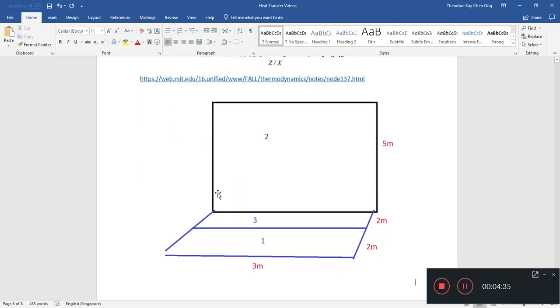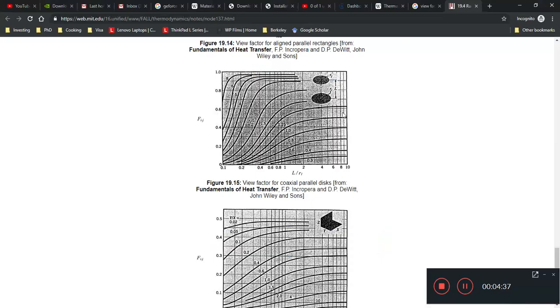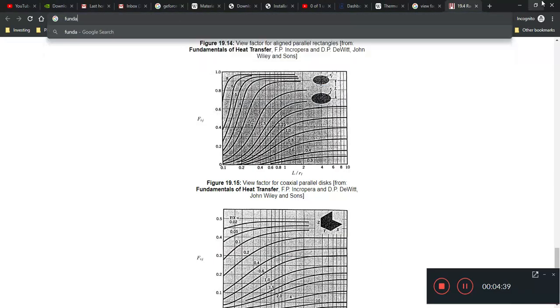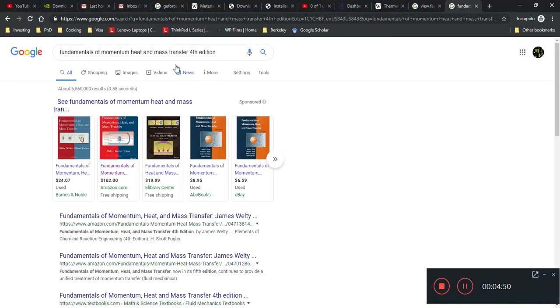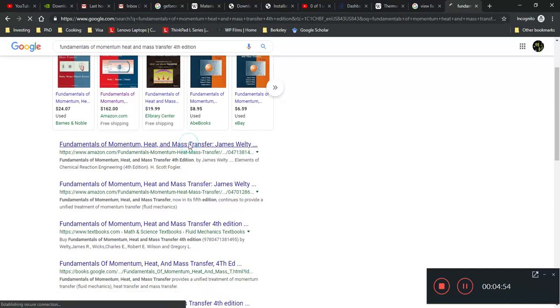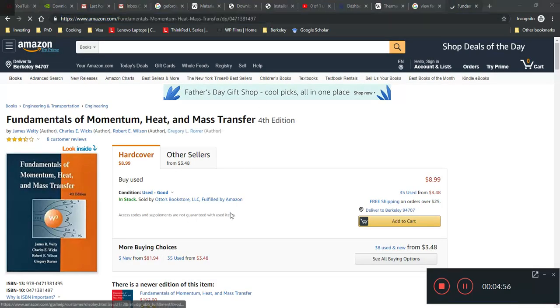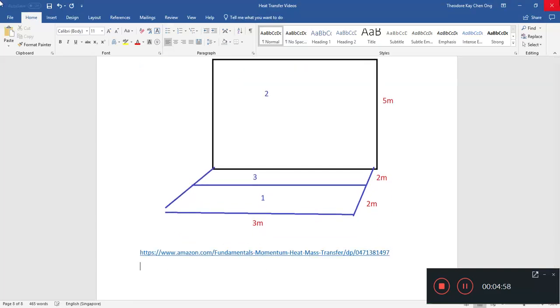Let me find the citation: Fundamentals of Momentum, Heat and Mass Transfer, 4th edition. I'll put the Amazon link here in case you want to buy it.